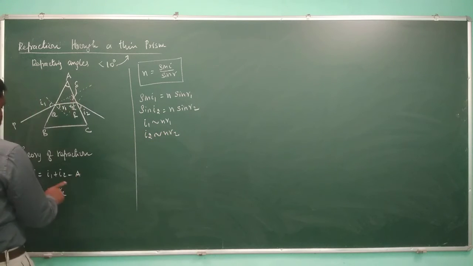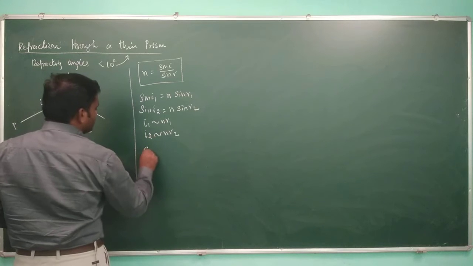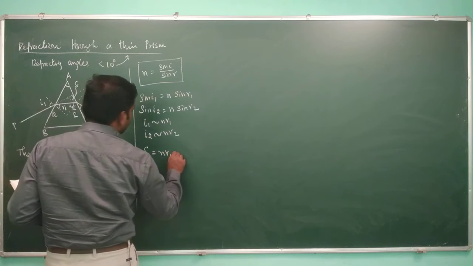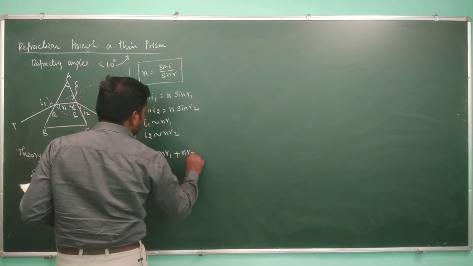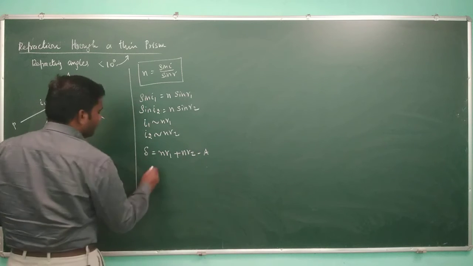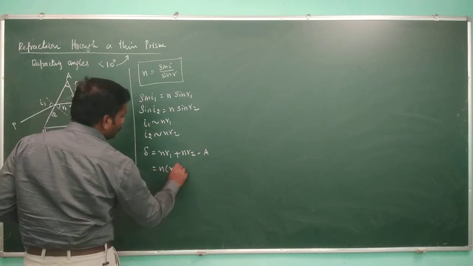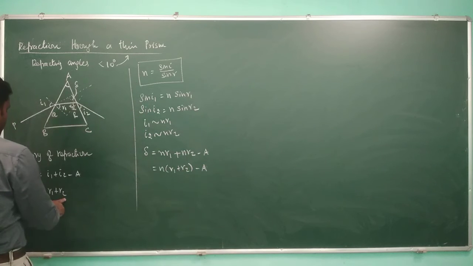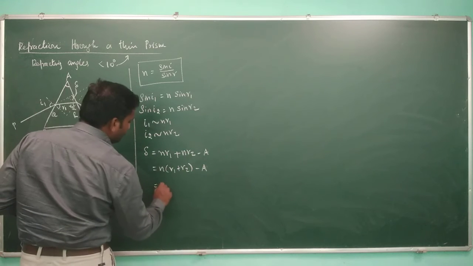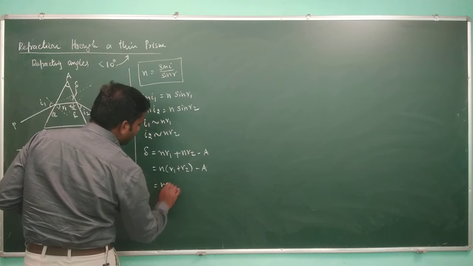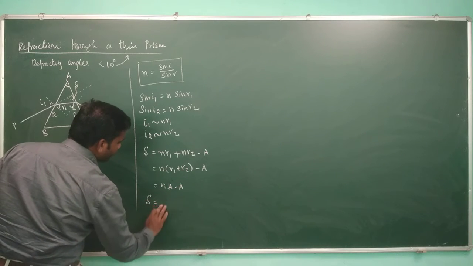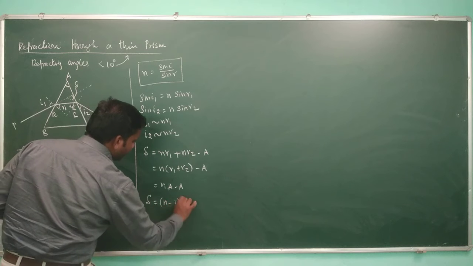Applying this assumption, delta is equal to n r1 plus n r2 minus A. So n times (r1 plus r2) minus A, but r1 plus r2 is nothing but A. So this is nA minus A. We can write delta is equal to (n minus 1)A.